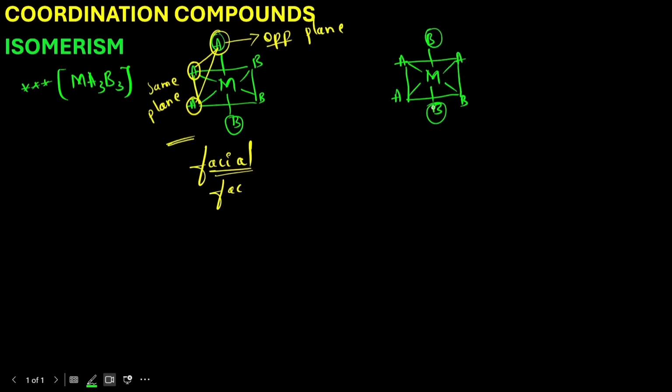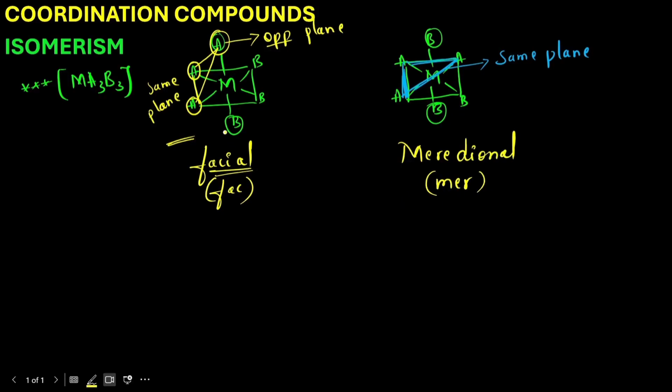So in this case what happens is 3 ligands of the same type will be in the same plane. So therefore this type of isomer is named as meridional. It is meridional isomer. In short, it can be written as MER.